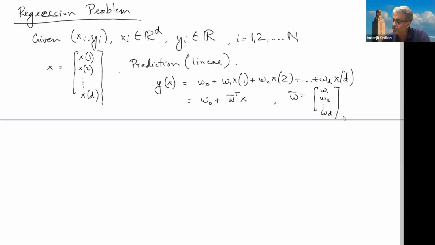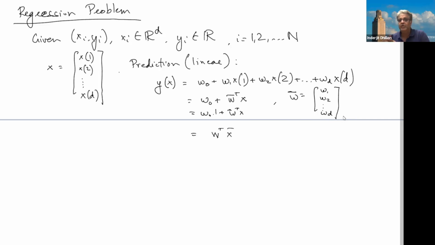And now I have two parts to it, right? I have W naught plus W bar transpose X. I'm going to write it more simply as just W transpose X bar, okay? Because I can write this as W naught times 1 plus W bar transpose X.